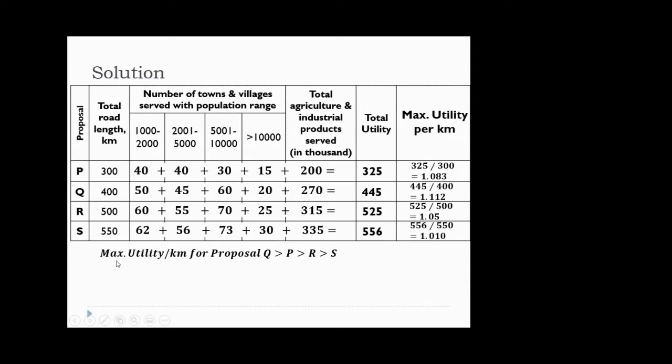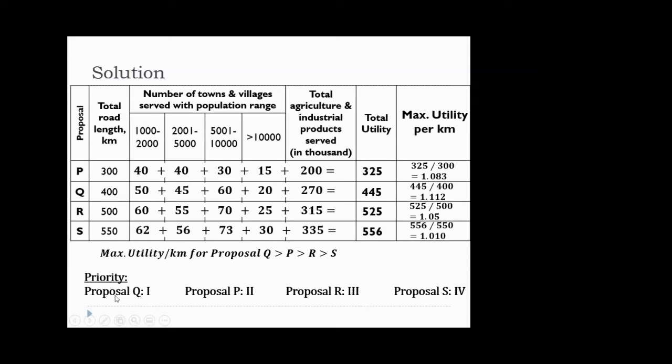Now once we get this, we are in a position to firmly make a statement: if I have to decide which road to develop first, the priority will be such that proposal Q is the first priority, proposal P second, proposal R third, and proposal S fourth.